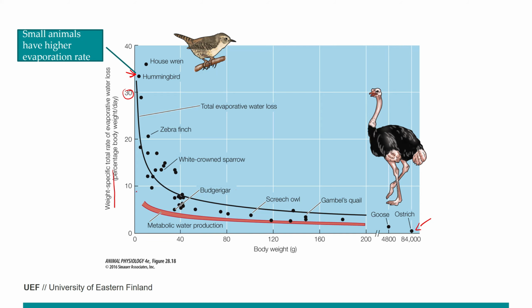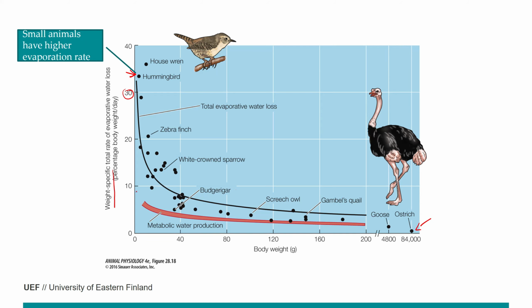But on the other hand, the high metabolism means that you are producing from the glucose to ATP and carbon dioxide and water. So you are also producing metabolic water, but that's not compensating it.